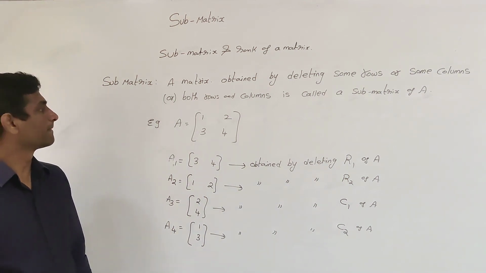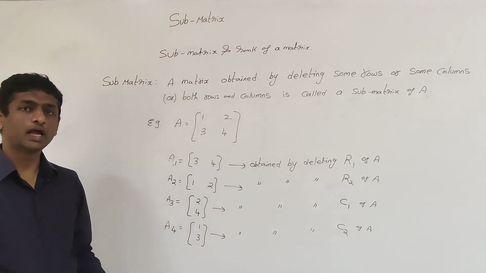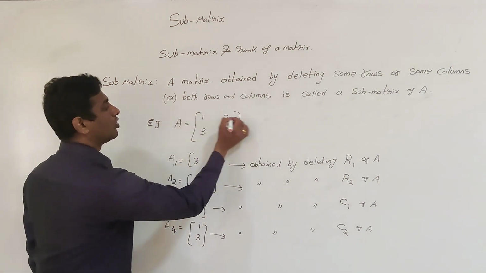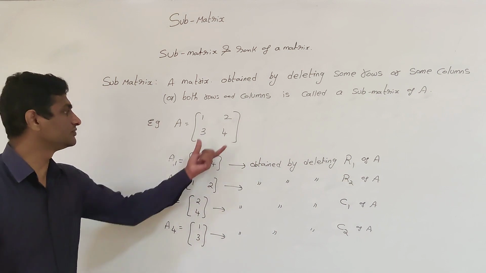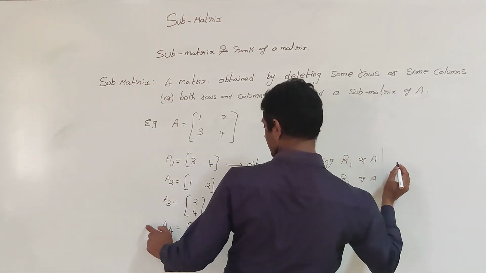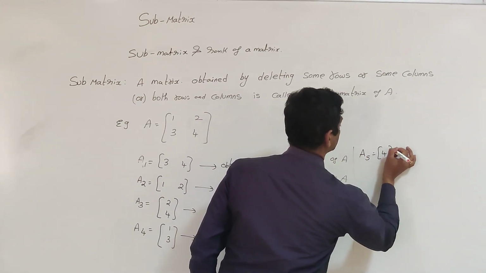If I delete row 1 and column 1, you will be left out with only one element, that is 4. That is also a matrix, A5, that is 4.